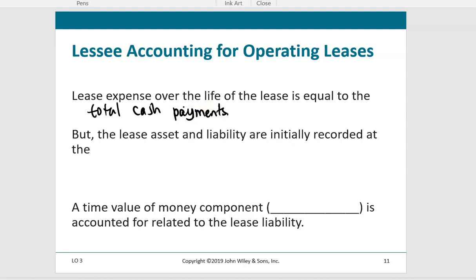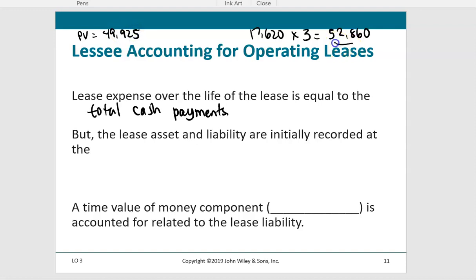But the lease asset and the lease liability are initially recorded not at the total amount of cash payments. So remember we said the cash payment is $17,620, and 3 of those payments need to be made. So what is the total amount of cash payment that the company is going to make over the life of the lease? Total lease payments are going to be $52,860, but the present value of these lease payments, in other words, the lease asset and liability that was recorded at lease commencement date, was $49,925.